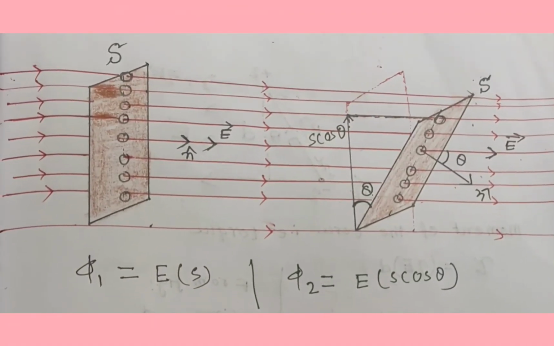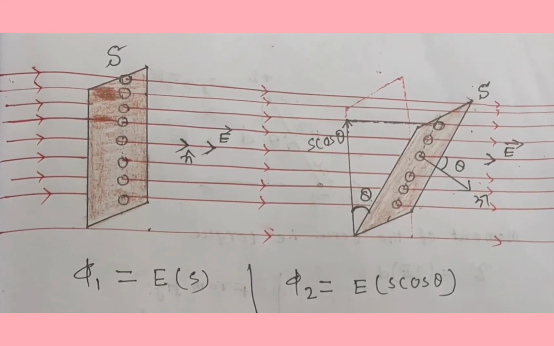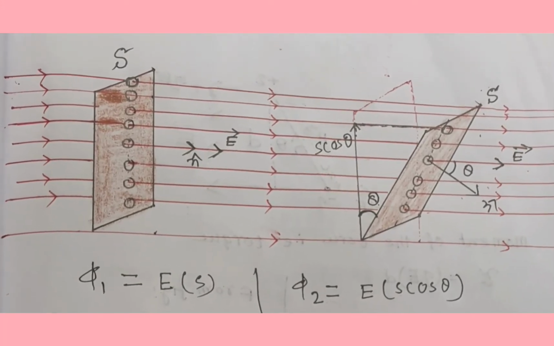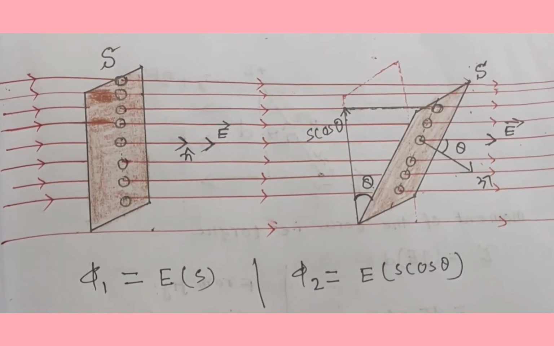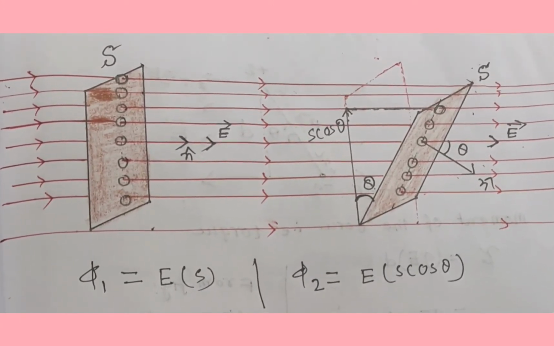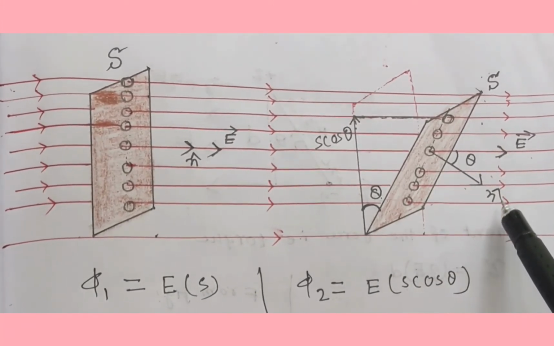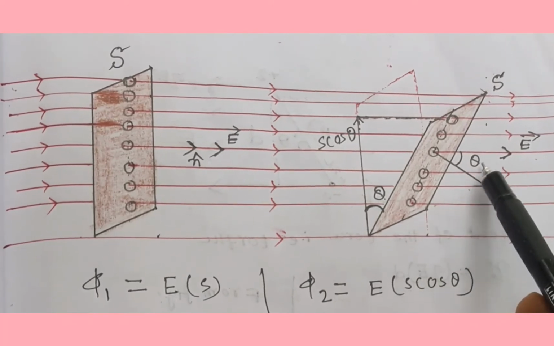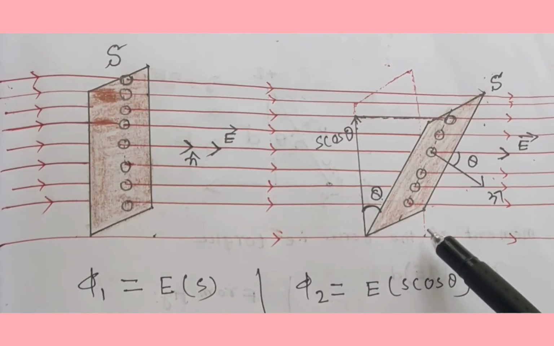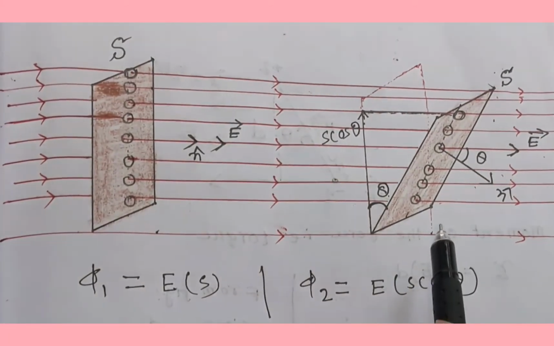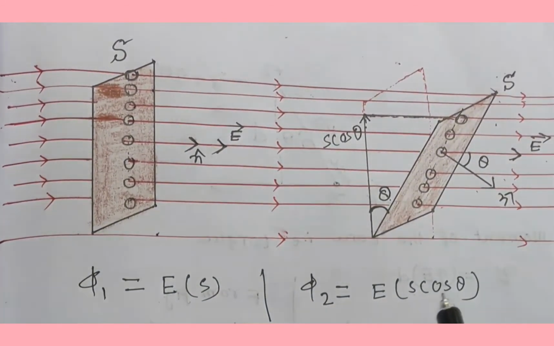We know the area is a vector quantity and the normal to the surface gives the direction of the area. In this figure, the normal to the surface S makes an angle theta with the electric field line. Therefore, the flux phi 2 equals ES cos theta.